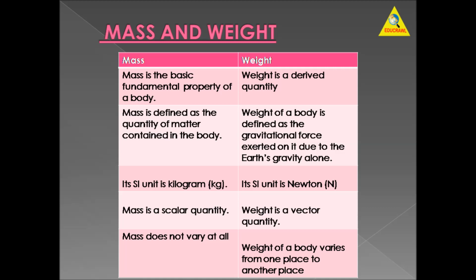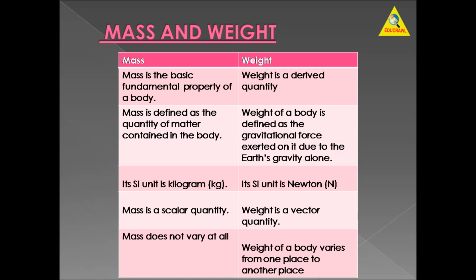Weight is defined as the gravitational force exerted on an object due to the earth's gravity alone, whereas mass is defined as the quantity of matter contained in a body. The SI unit of mass is kilogram, whereas the SI unit of weight is Newton. The symbol is N, and the symbol for kilogram is kg.